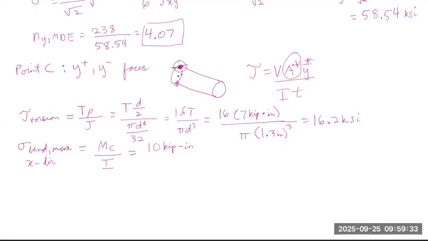So it's going to be the radius, which is 1.3 divided by 2. And the moment of inertia of a circle is pi times d to the power 4 over 64. Actually, let's write all of this in general form first.